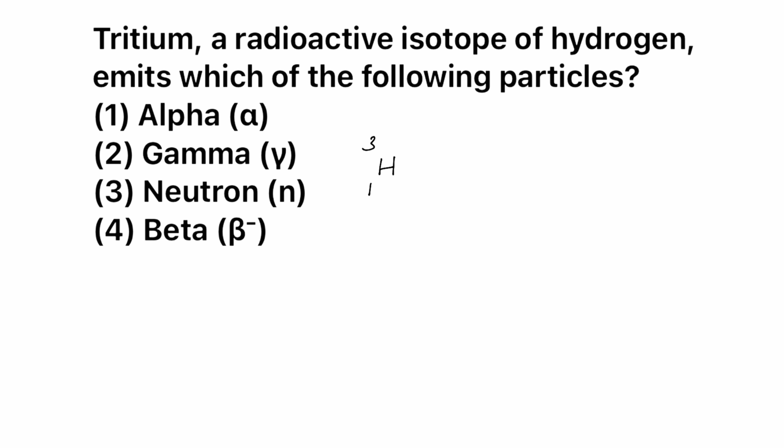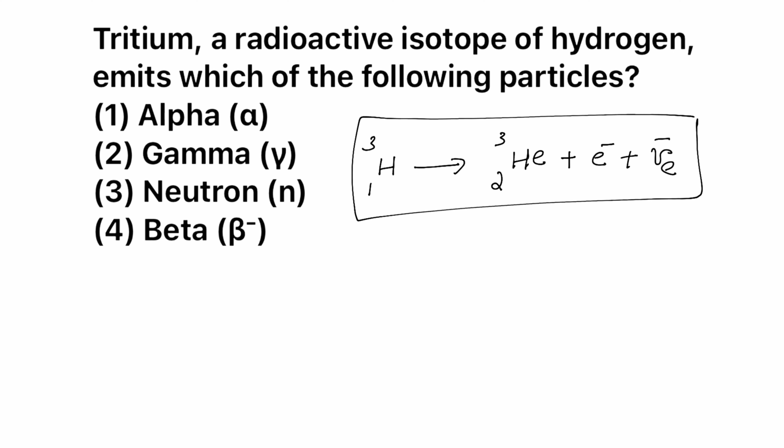This is tritium, it converts to helium-3. Okay, helium-3, by releasing what? By releasing a beta particle. Beta particle means what? Electron and antineutrino. This is the beta decay of tritium. Okay, this you must learn by heart.